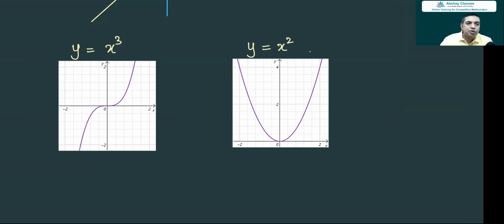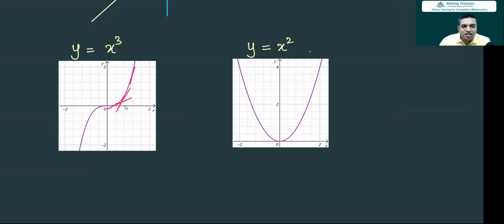Now here, look at the slope of the tangent. At any place you take a tangent, it will have a positive slope. Anywhere you draw, it has a positive slope.